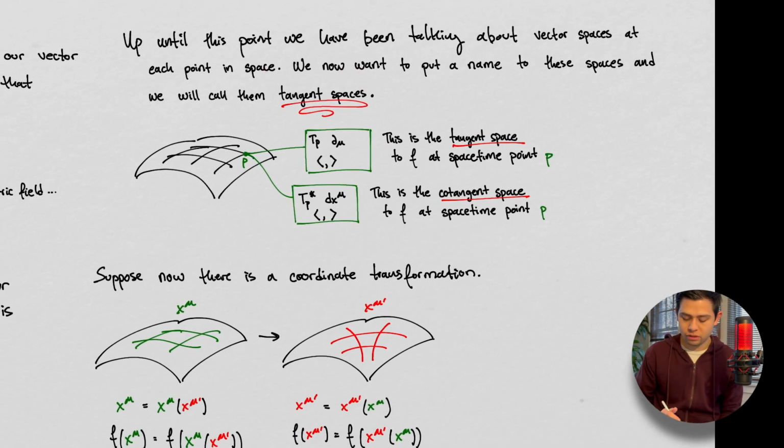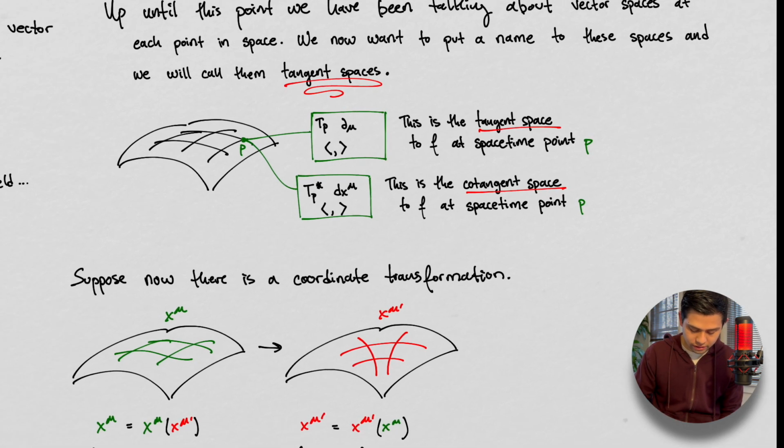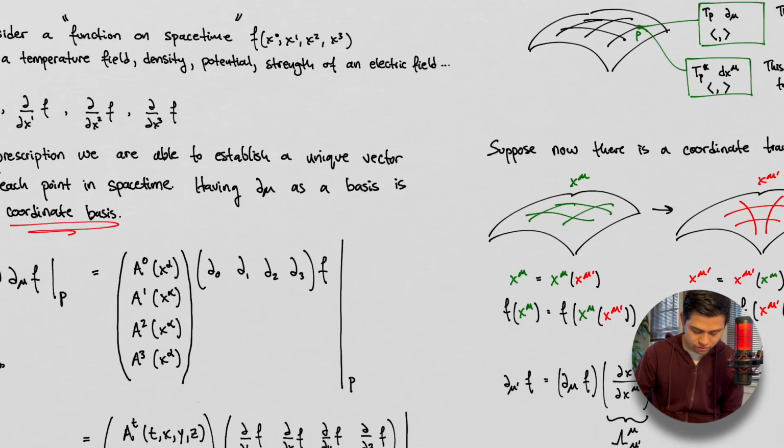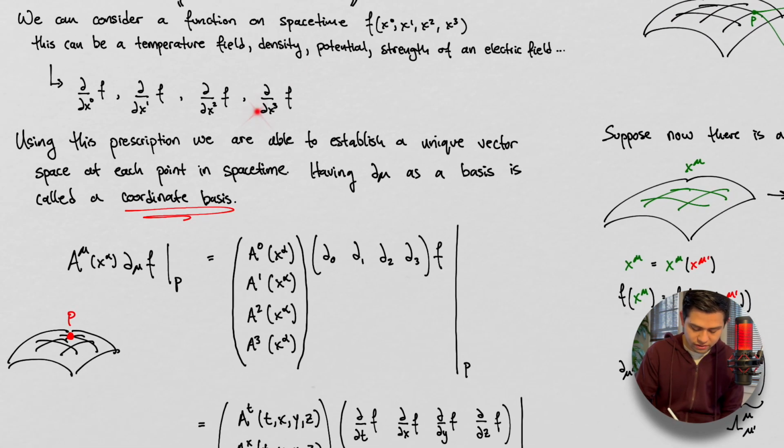We now want to put a name to these spaces, and we are going to call them tangent spaces. So here's what we're doing. This is a tangent space because these are derivatives of a function, and derivatives of a function are the tangent vector to that function.